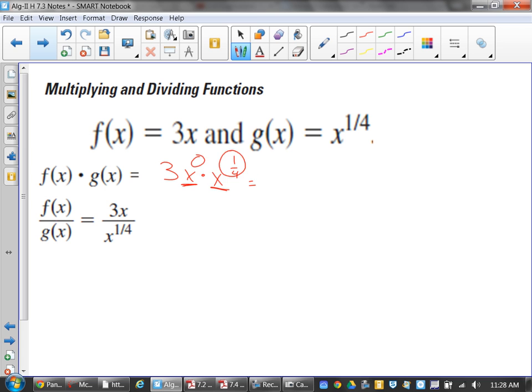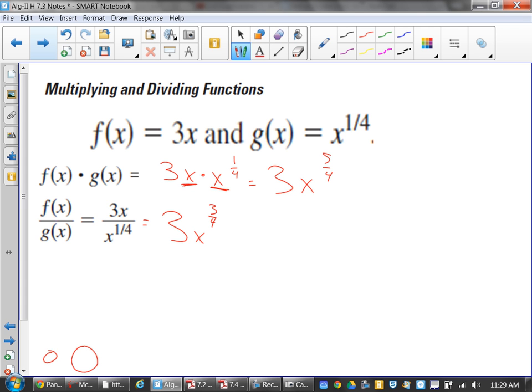So you get 3x to the 5/4. And then when you're dividing them, you play the game of war. And who's going to win? Top, so 3x. Yeah, exactly. You just went with 3x to the 3/4. And like I said, this is nothing different than what you were working on the past week or so. Do you agree with me on that?